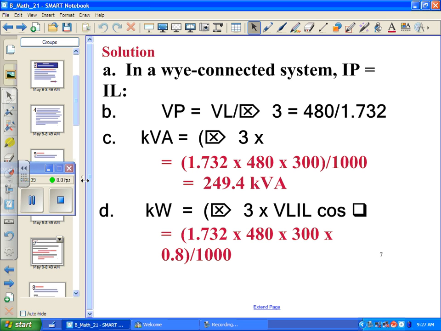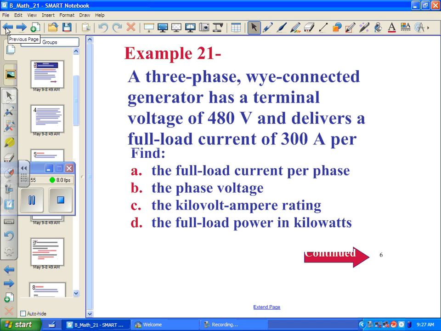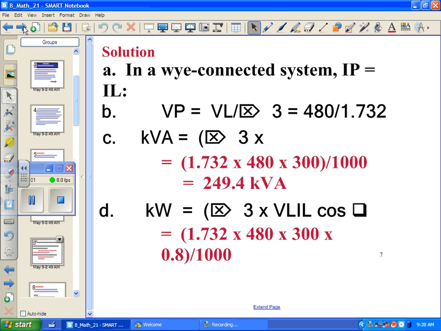Our power, oh, that's really annoying. I've got to. Our power, I don't know where we got the information that we have an 80% efficient system. I don't remember that from the previous slide, do you? It doesn't say it's an 80% efficient motor or load, but that's okay.